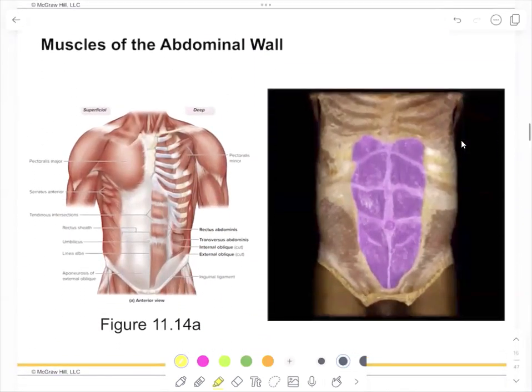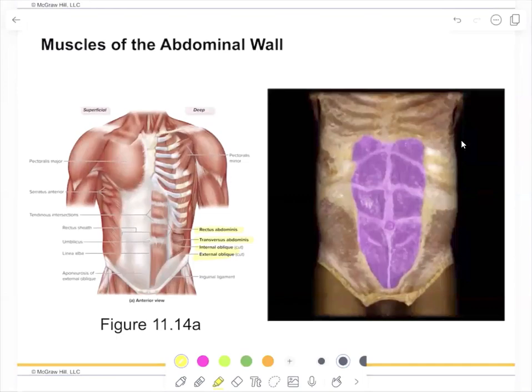We can see that muscle specifically on this diagram. I want you to make sure that you notice the rectus abdominis, the most superficial muscle, then the transversus abdominis, which is going to wrap around us like a belt, as well as the internal and external oblique.